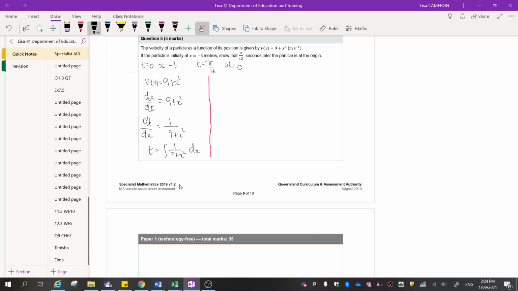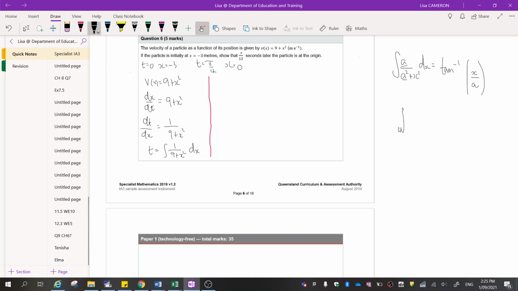There is a problem though, because our inverse tan function is: the integral of a over a squared plus x squared dx is equal to tan inverse of x over a. The problem we've got at the moment is that this value at the top doesn't match this value down there, but we can make that happen.